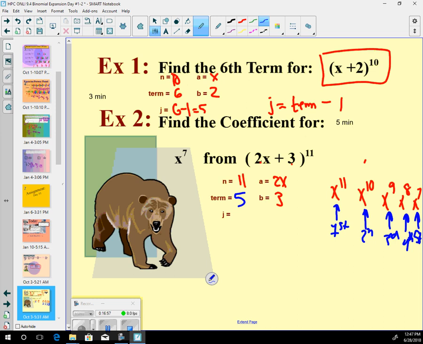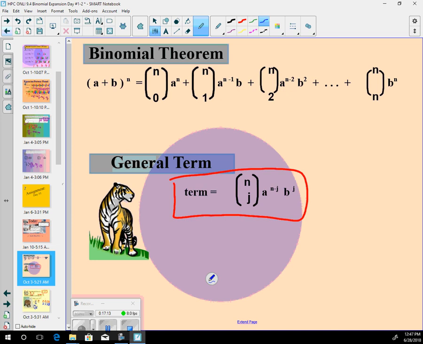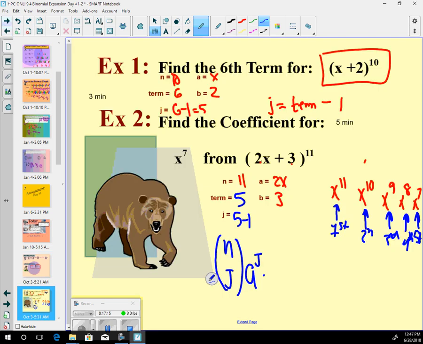And then j is the term minus 1. So we will go n choose j, a to the j times, I'm going to double check this, make sure I'm not doing nuts. This was a to the n minus j times b to the j.